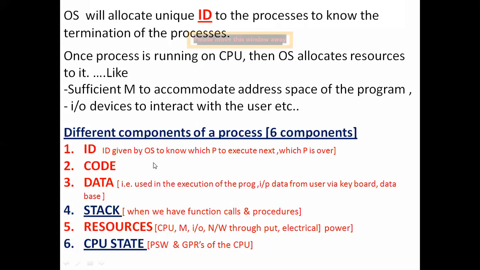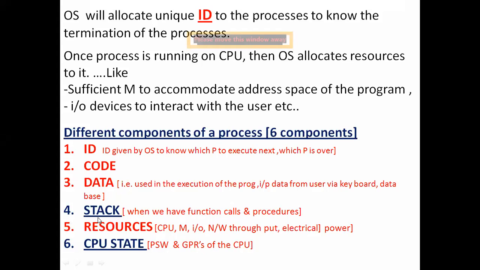So the next concept is the different components of a process. Basically, six components are there for a process: the unique identification number, the code of the process, the information or data of the process, and the stack. As I told, the stack will come into the picture whenever we use function calls or procedures in our program.